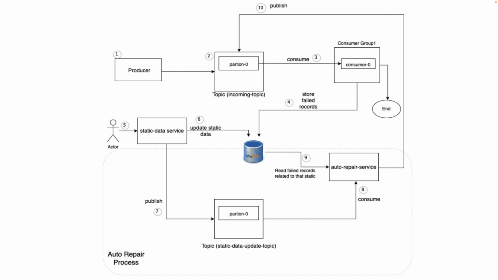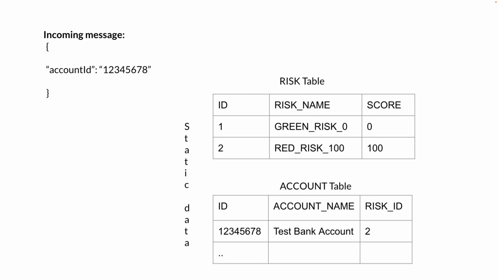In today's video, we are going to have the whole architecture implemented in Kafka and Spring Boot. In the previous video we discussed that our incoming message will be very simple, without any business logic. We will have only the account ID in our incoming message, and we will have some static data already set up, so this account ID is already stored in our static data. The account ID will be associated with a risk.